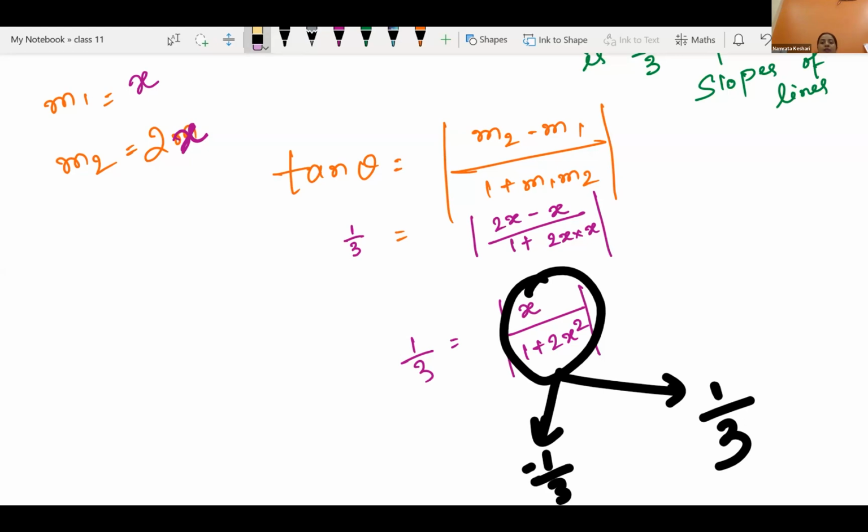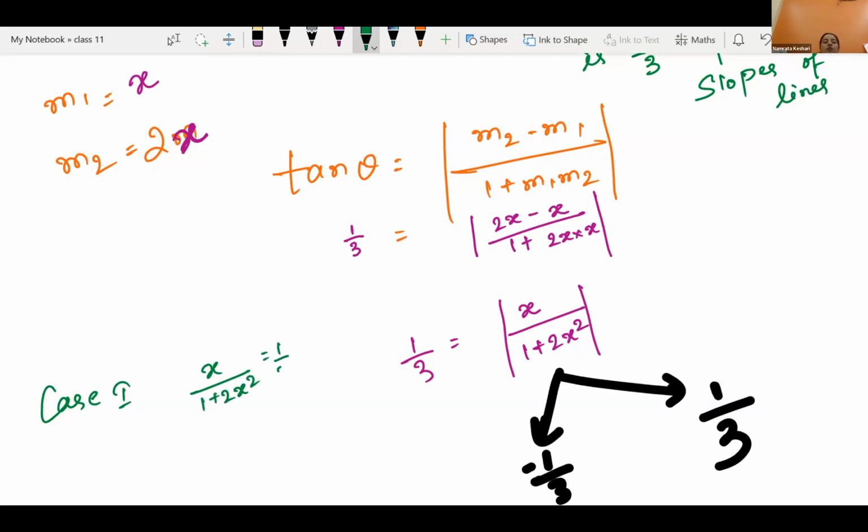So one by one, we will take both possibilities for x by 1 plus 2x square. Case 1: x by 1 plus 2x square is 1 by 3. You will do crisscross multiplication, and then you will get a quadratic equation which you have to solve. Clear? And case 2: x by 1 plus 2x square is minus 1 by 3. Clear? Yes.